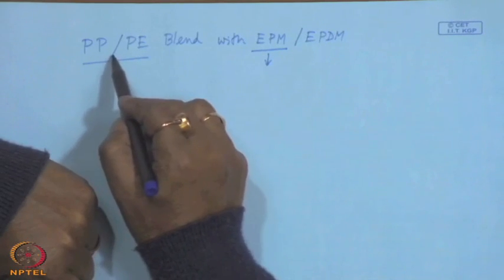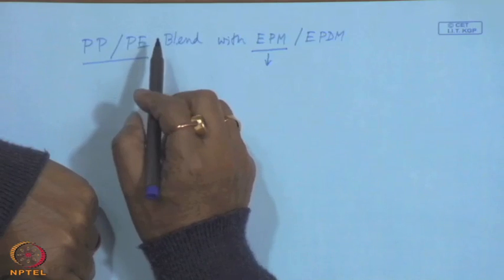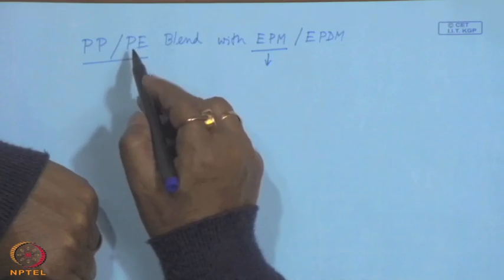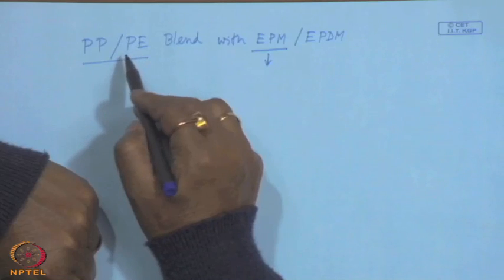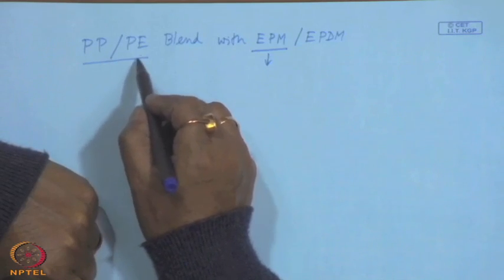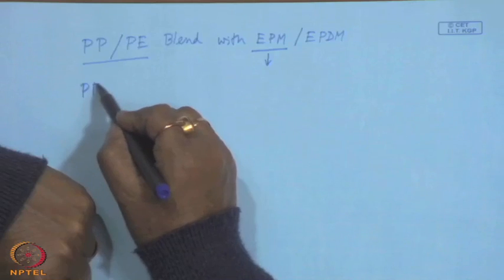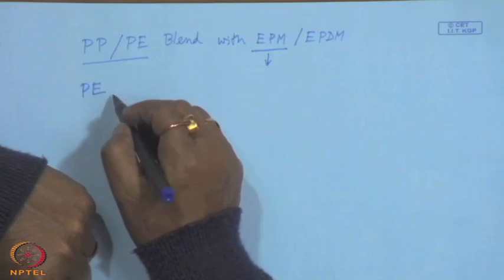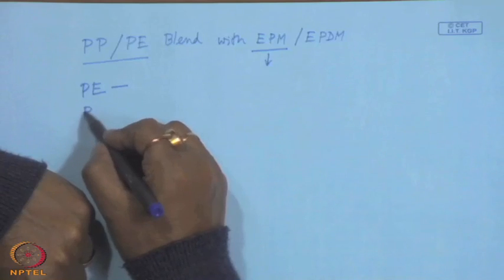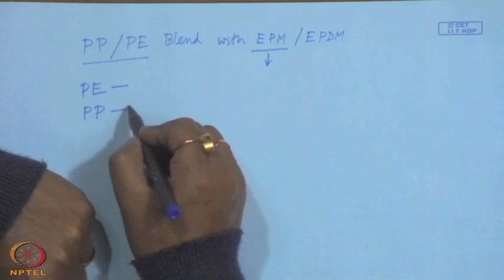Now, in this polypropylene and polyethylene, although both are plastics, these two polymers contain different chemical units. Polyethylene is structurally symmetrical in one way, and polypropylene is also structurally symmetrical in another way.